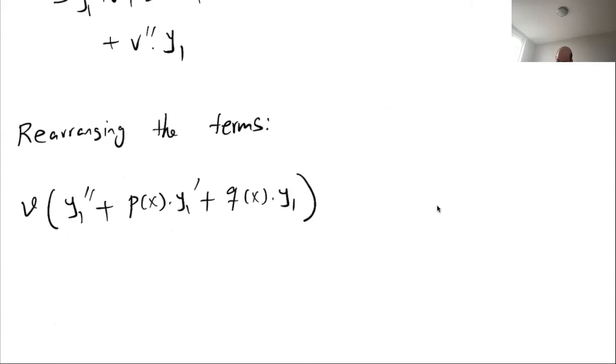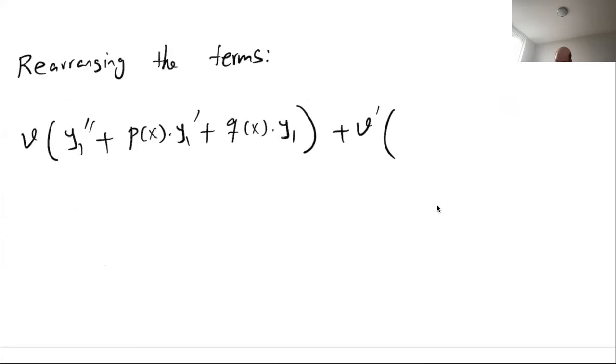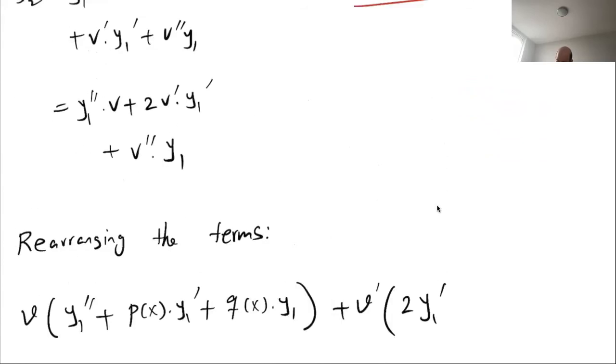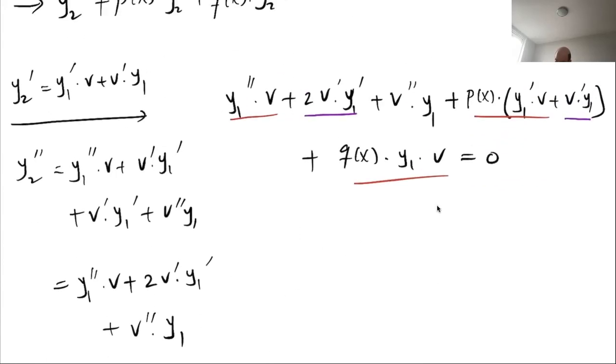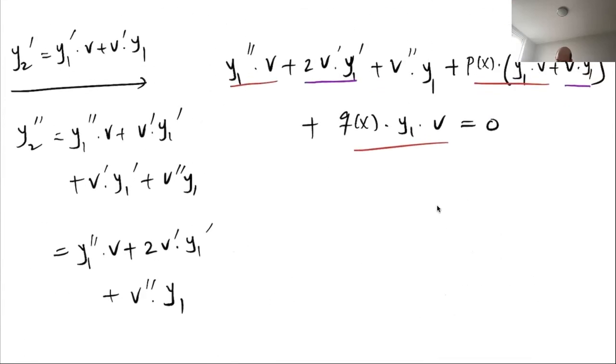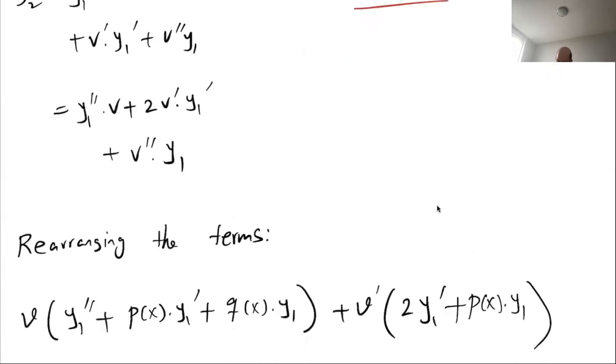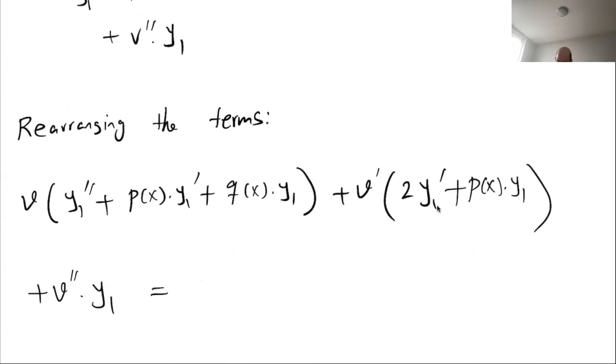Taking v prime out, times 2y1 prime plus the other term, p of x times y1. And also v double prime, whose coefficient is y1. So v double prime times y1 equals 0.